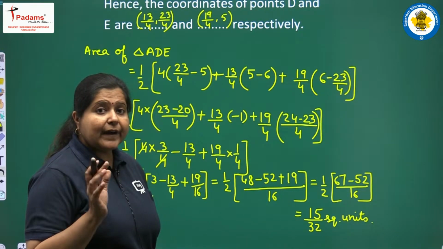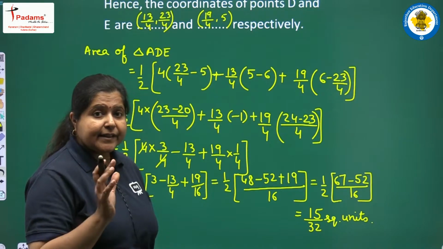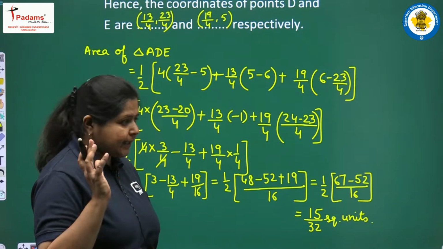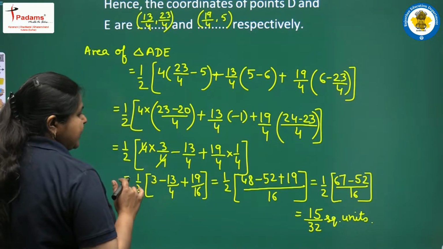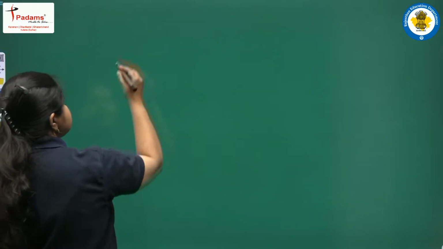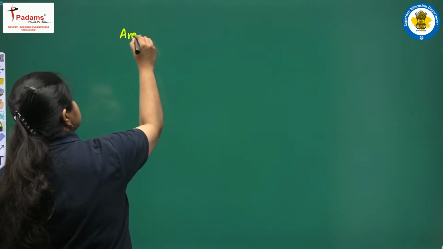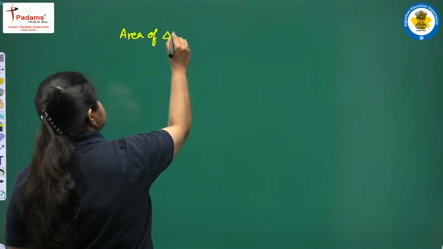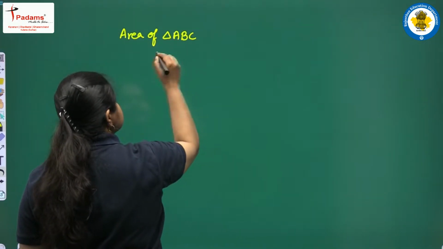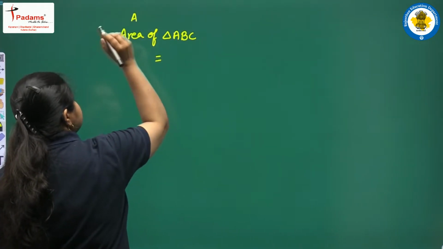Now we also have to find the area of triangle ABC so that we can compare the two areas. So we find the area of triangle ABC. For this we take a new page, area of triangle ABC. This will be, let me write the coordinates once again.